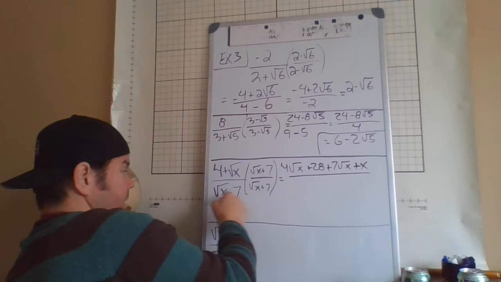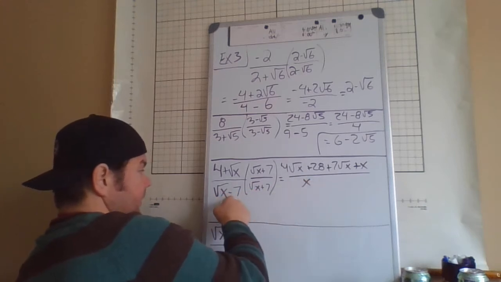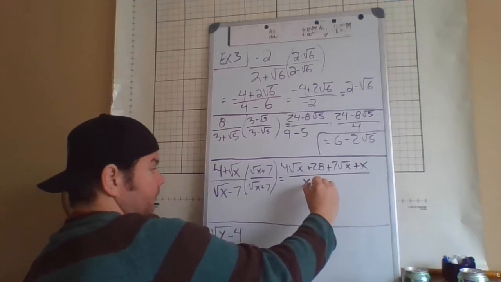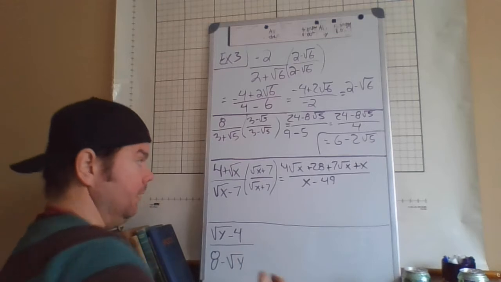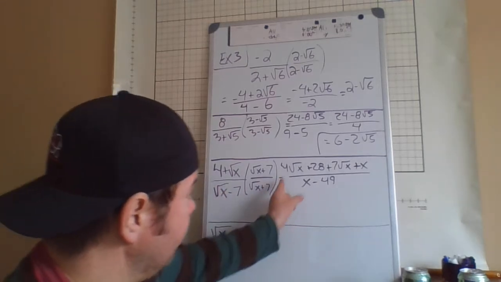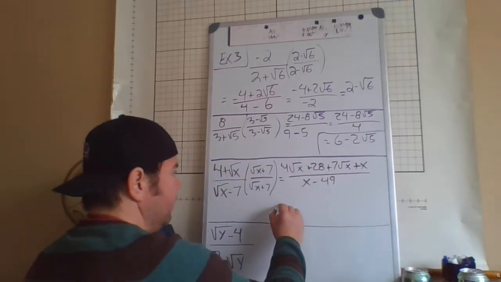In the bottom, square root of x times square root of x is just x. Negative 7 times positive 7 is negative 49. Remember, that's what happens when you multiply the conjugates. Now all that's left to do is to clean up any like terms in the top.